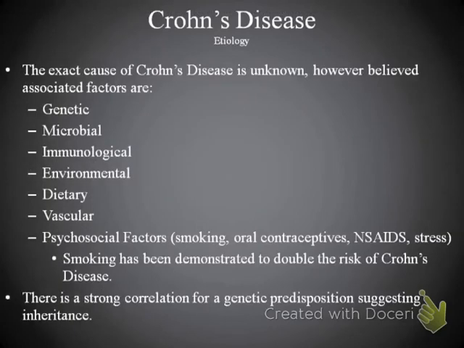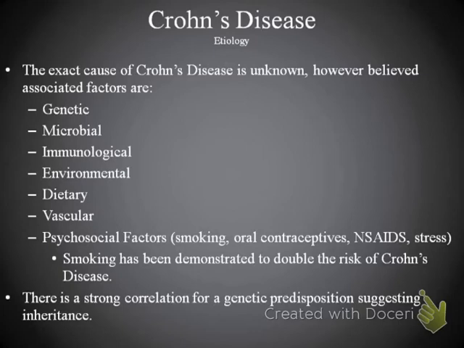So what causes Crohn's disease? The exact cause of Crohn's disease is really unknown. However, it's believed to be associated with certain factors such as genetic, microbial, immunological, environmental, dietary, vascular, and psychosocial factors, such as smoking, oral contraceptives, NSAIDs, and stress.